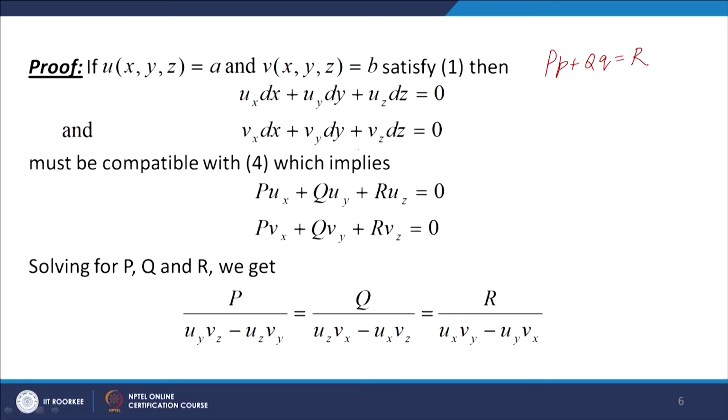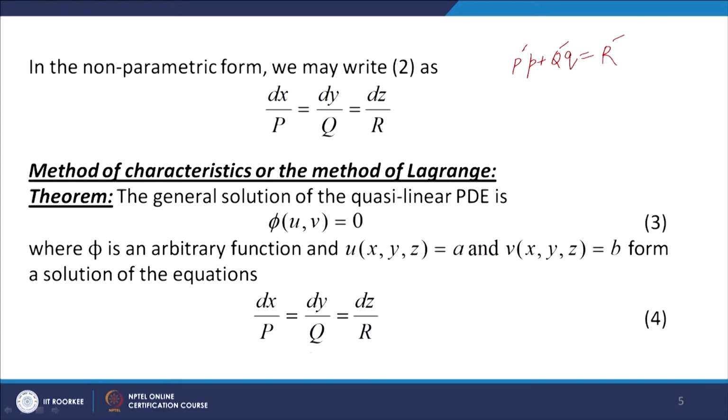Now, these equations must be compatible with 4, this characteristic equation, because u(x, y, z) equal to a and v(x, y, z) equal to b form a solution of these characteristic equations.